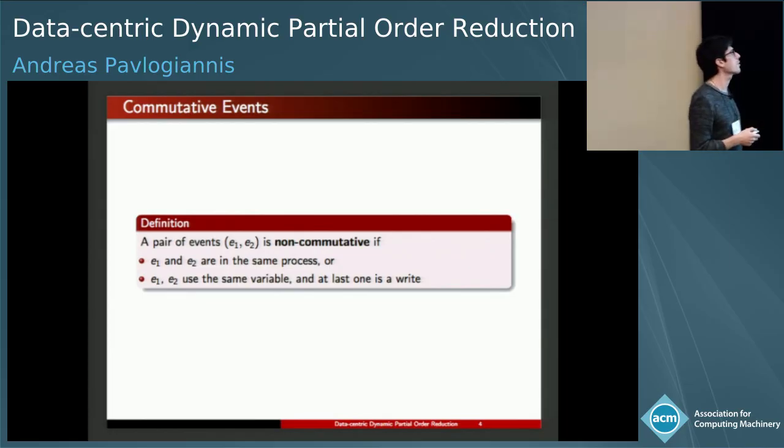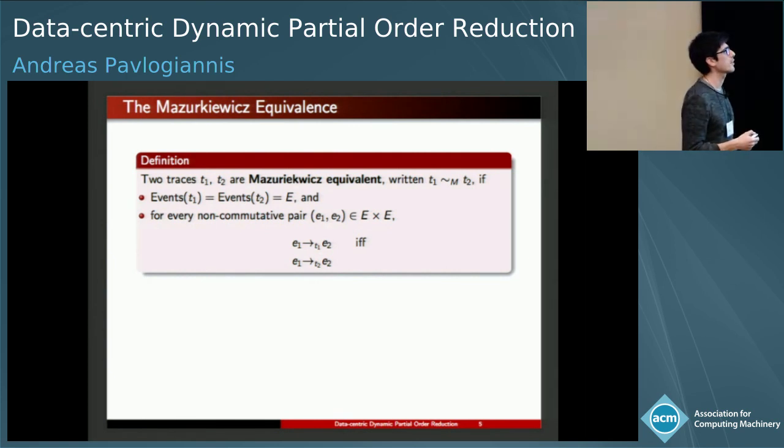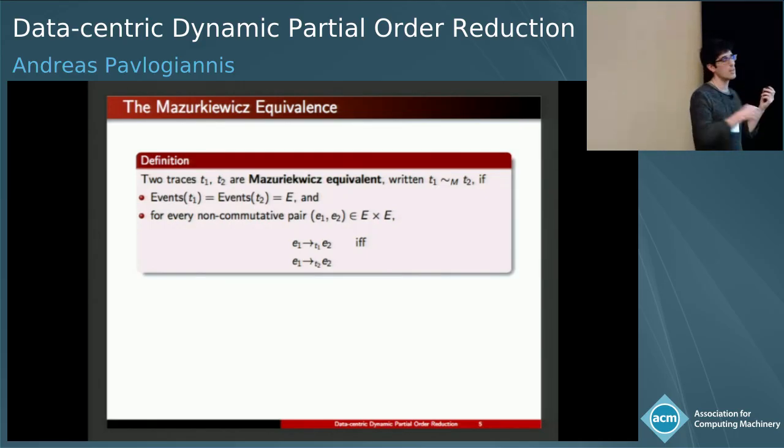This notion of equivalence has been known as the Mazurkiewicz equivalence. So T1 and T2 are Mazurkiewicz equivalent, and we write it like this here, if they consist of the same set of events, and they agree on the order of every non-commutative pair. So E1 happens before E2 in T1 if and only if it also happens before E2 in T2.